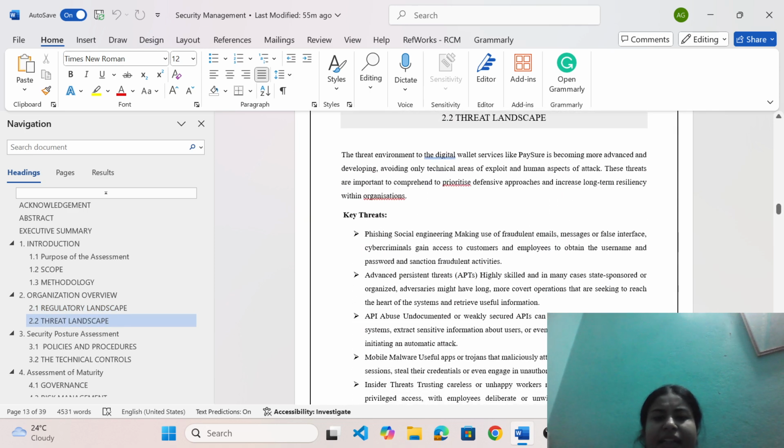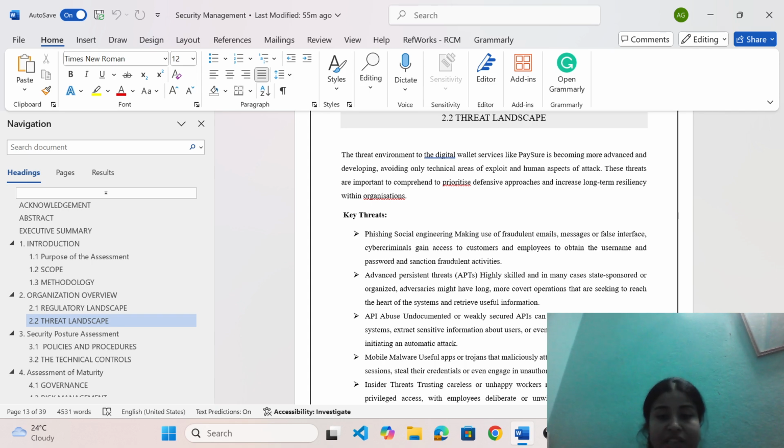And what is the threat landscape it has been facing, like phishing? This is the 21st century, so many threats may occur in the upcoming days, including in digital wallets. So we have to be aware of it. So what are the key threats?